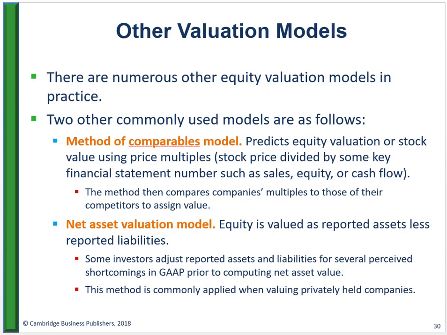And then lastly, on slide 30 here, our authors mention that there are other equity valuation models in practice, and the two that they mention here, and this is not an inclusive list by any stretch, but there's a method of comparables model. So this predicts equity valuation by using price multiples.